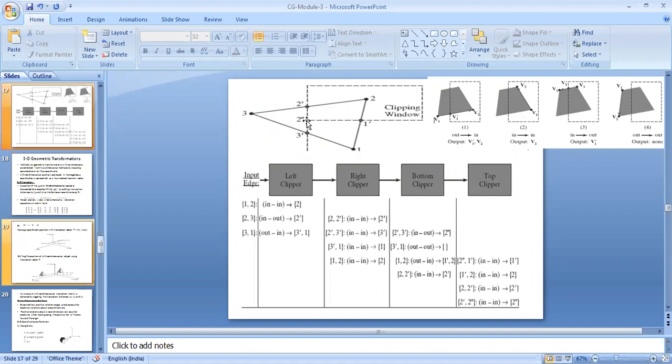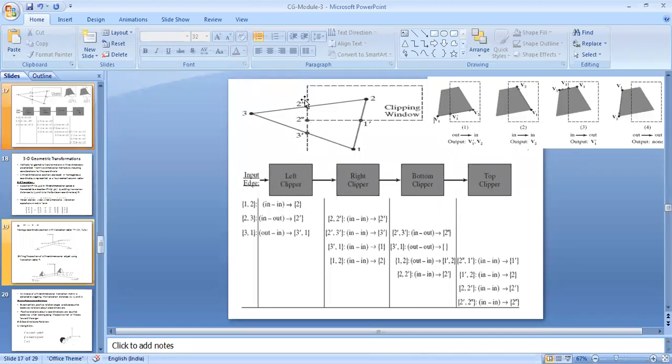So I should consider only the left clipping window, and I should check all other points. This is my clipper. The first clipper is the left clipper.